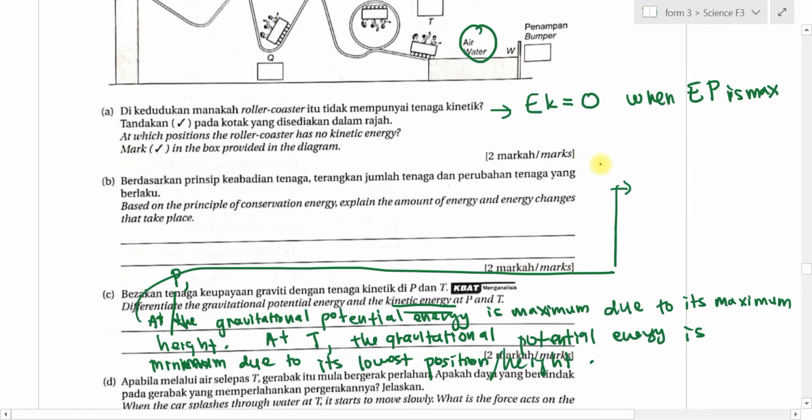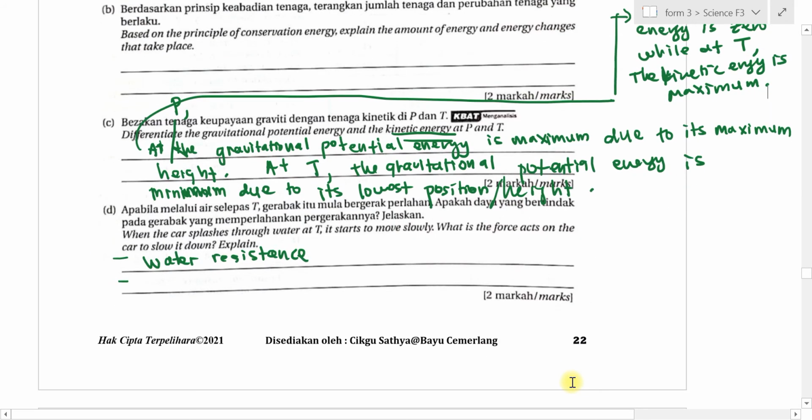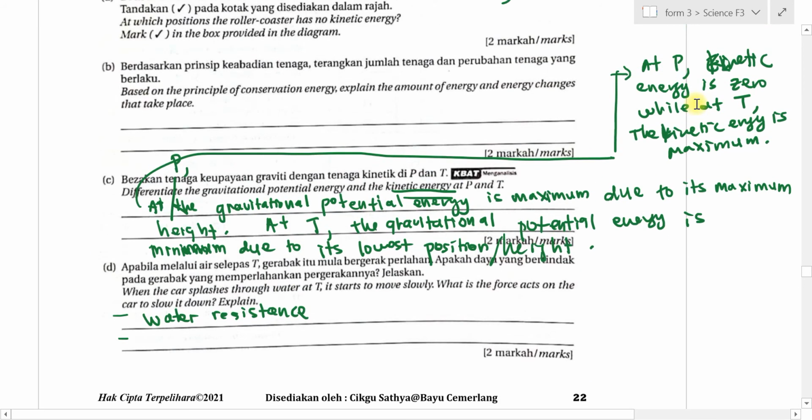So at P the kinetic energy is 0, while at T the kinetic energy is maximum. When your potential energy is minimum, that's where the kinetic energy is the maximum. So that's a point you need to add on.